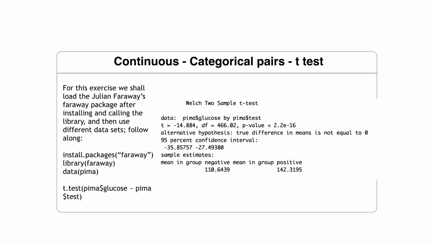But once again, if we take the same pairs of variables, like glucose versus test, from Julian Faraway's faraway package, looking at the PIMA dataset, all we have to do is issue a command: t.test, then pima$glucose tilde pima$test.